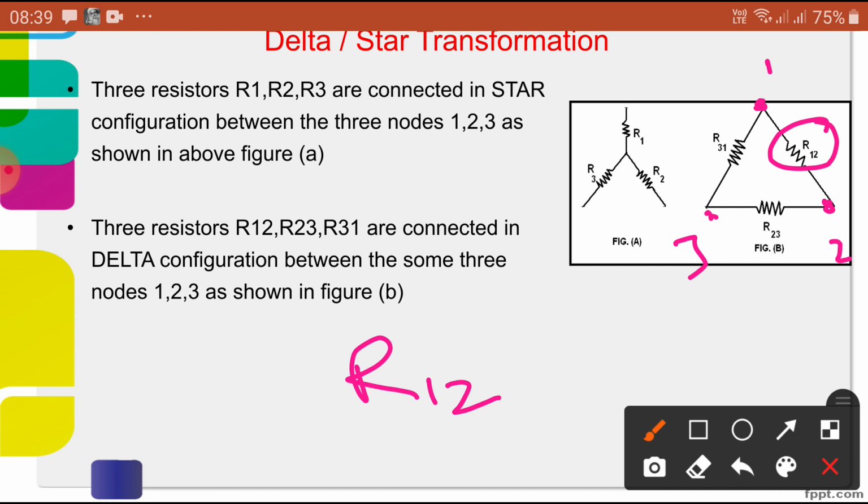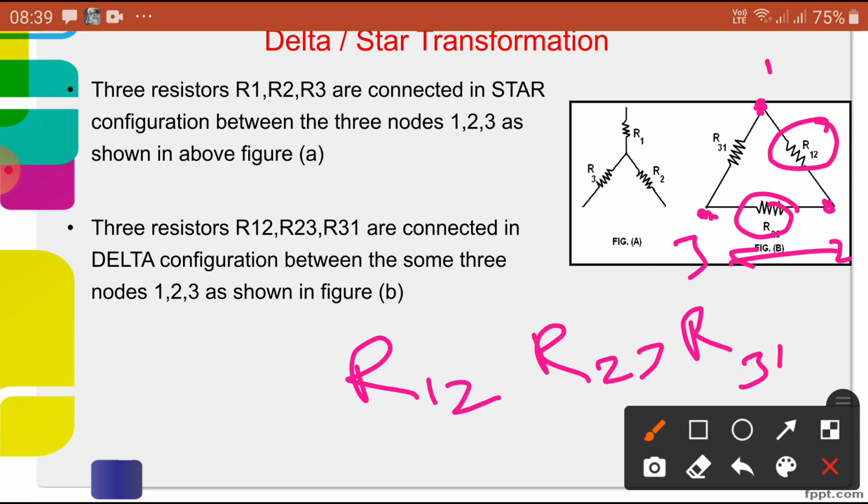Then R23 is the resistor between nodes 2 and 3, and another is R31, between terminal 3 and terminal 1. Connected in such a dissimilar fashion, we can say it is a delta configuration. Three resistors R12, R23, R31 are connected in delta configuration between the three nodes 1, 2, 3 we represented here.